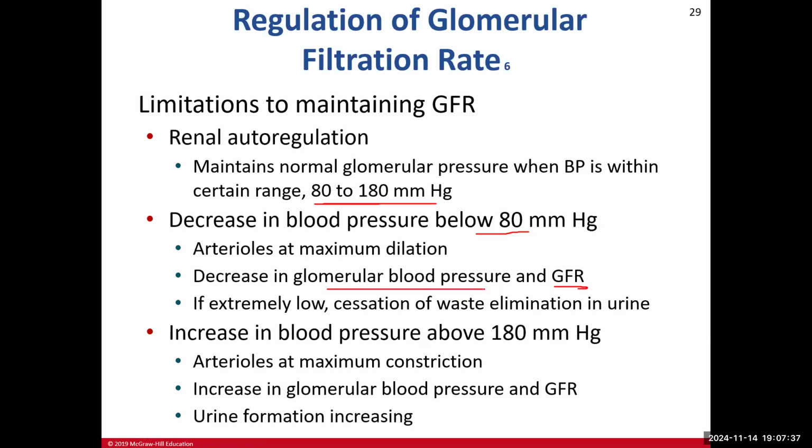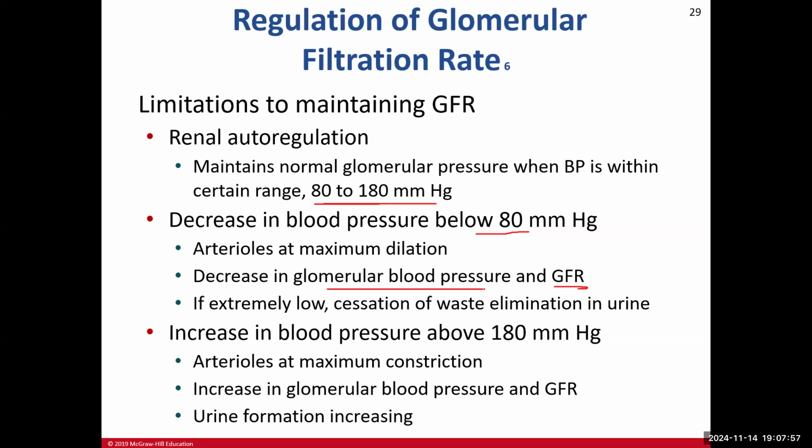So here's what we're going to do. We're going to try to maintain our blood volume as best as we can. So we're going to decrease urine formation significantly or stop it altogether, so we can retain that water and contribute to the blood volume.